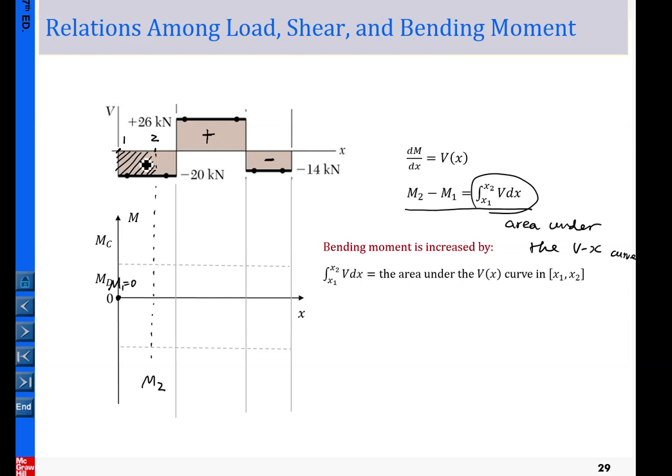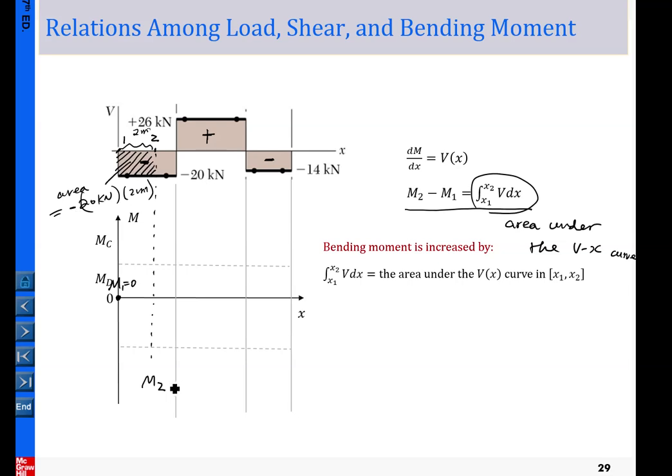For example, say this area is 20, and let me say the distance here is, I just make it up, 2 meters. Then this area, which is below the horizontal axis, has a magnitude equal to 20 kilonewton multiplied by 2 meters. This is the magnitude, but per our sign this is negative.